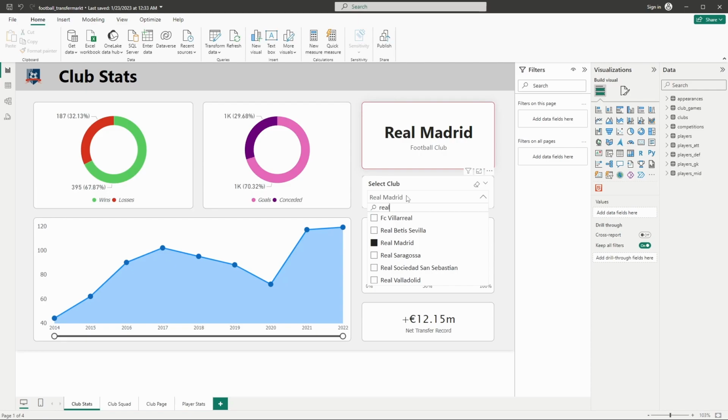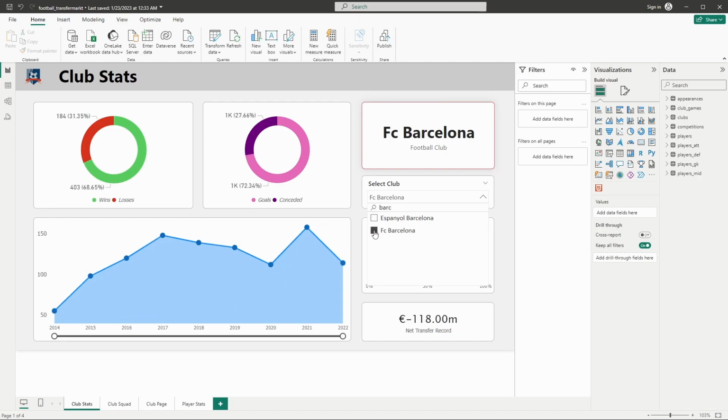Let's type in some more popular names. Let's try Barcelona. There you go, FC Barcelona. Yep, quite fantastic stats as usual. Well, their graph is actually quite similar to Real Madrid.